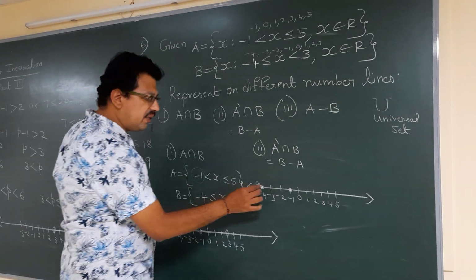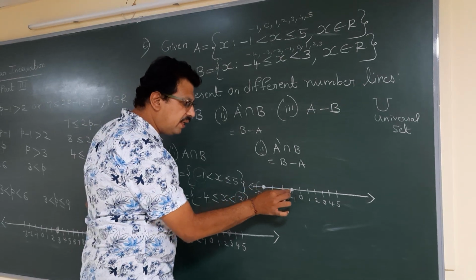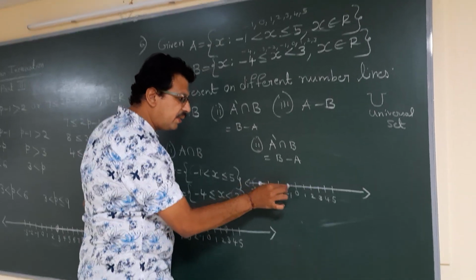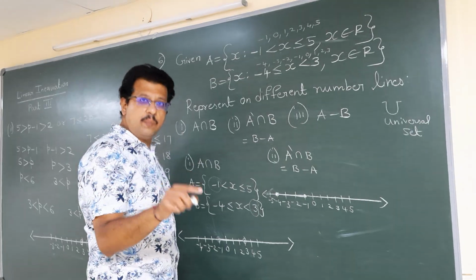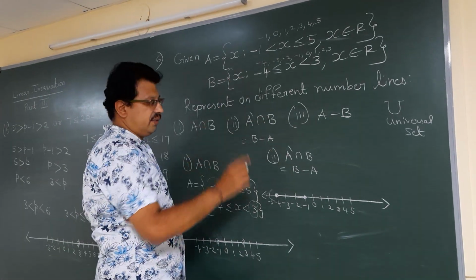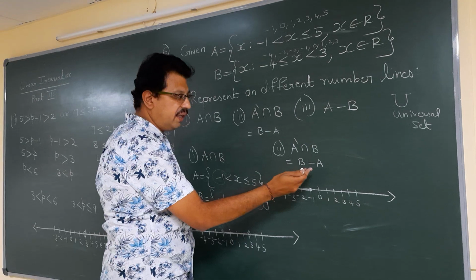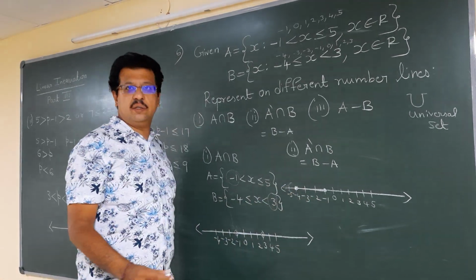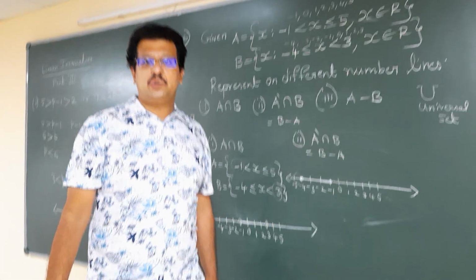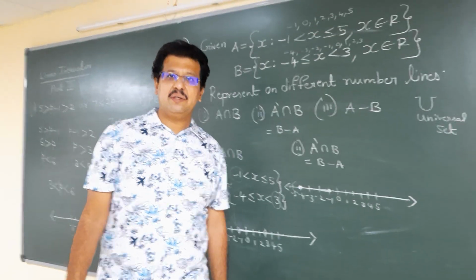These elements are present in B but not present in A. So you should write the elements which are present in B but not present in A. So these are the elements, students. You should know this.